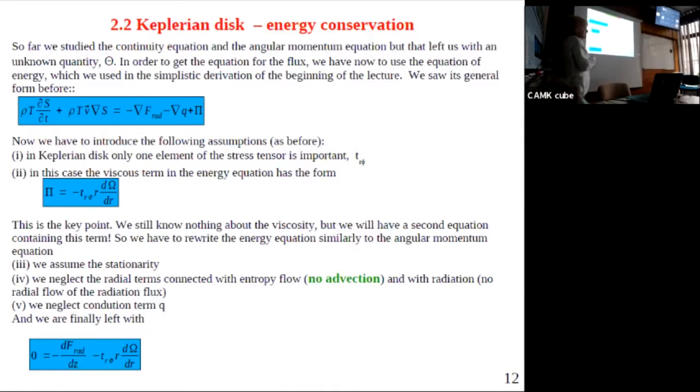And then again, if we assume that only this R phi component of viscous stress is important, only this friction in circular rotation, we know from physics that this term is equal to the same T R phi, which we were using before, times radius times the derivative of the Keplerian angular momentum.